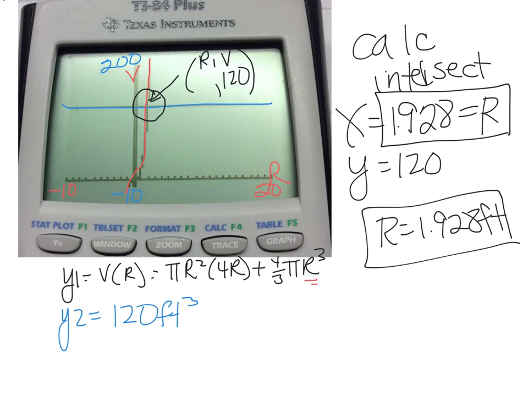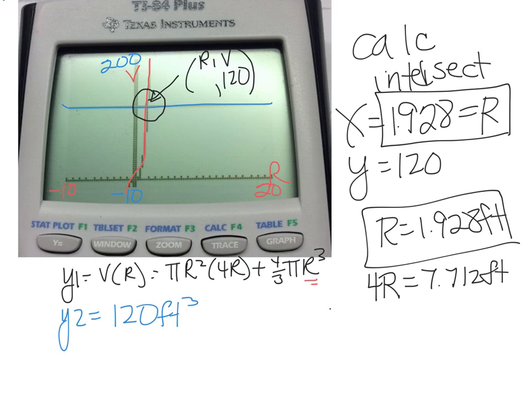The one other thing it asked for is the cylinder length, and since the cylinder length was 4r, that would be 4 times that. And that's going to be 7.712 feet.